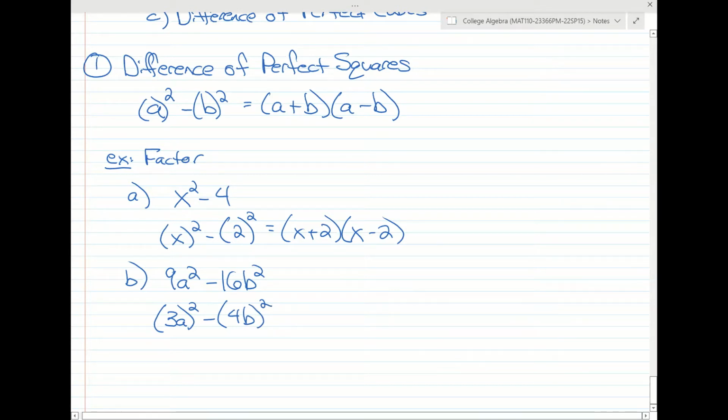If you remember the properties of exponents, if you just take the square root of 9, you get 3. If you take the square root of a squared, you get a. So 3a times itself would be 9a squared. 4b times itself would be 16b squared. So completely factored, this would be 3a plus 4b times 3a minus 4b.